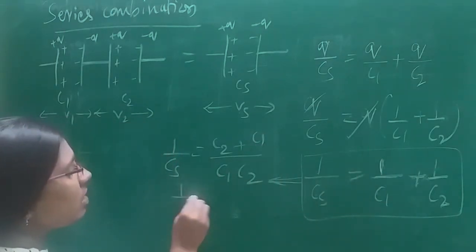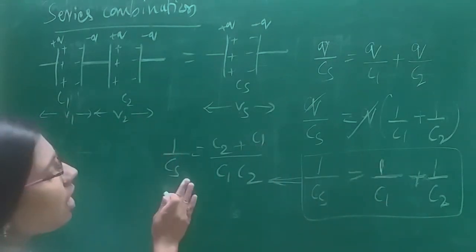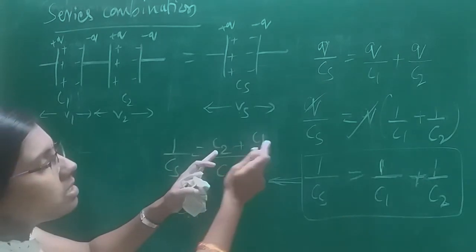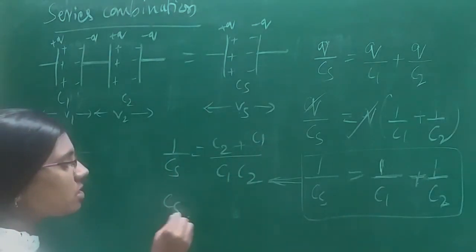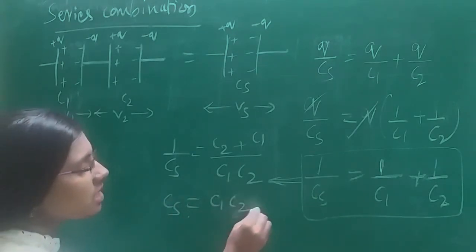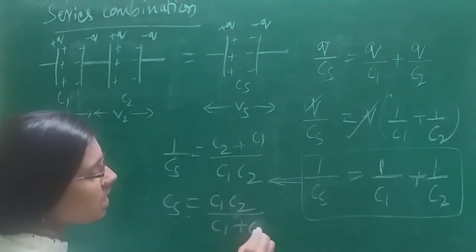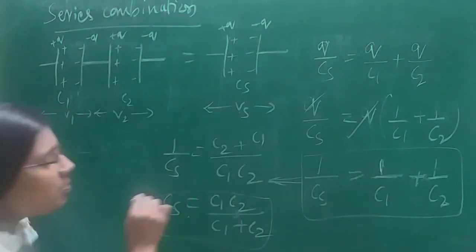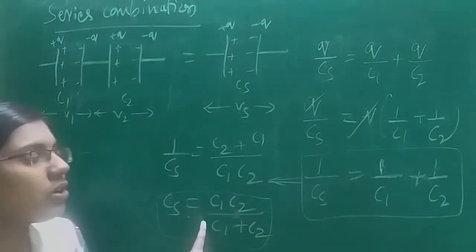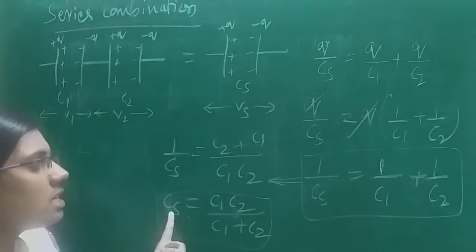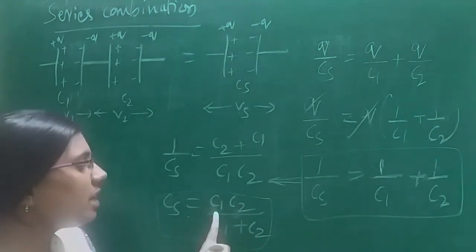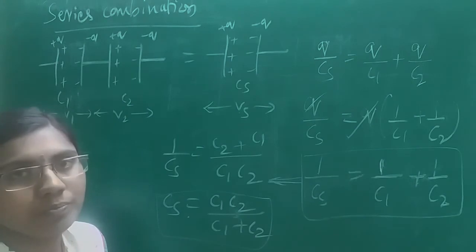So 1 by Cs is equal to C1 plus C2 divided by C1 C2. Now take the reciprocal. So Cs is equal to C1 C2 divided by C1 plus C2. This is the simplified form of the expression for equivalent capacitance in series combination, that is Cs is equal to C1 C2 divided by C1 plus C2.